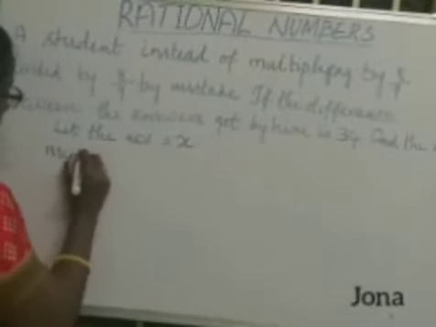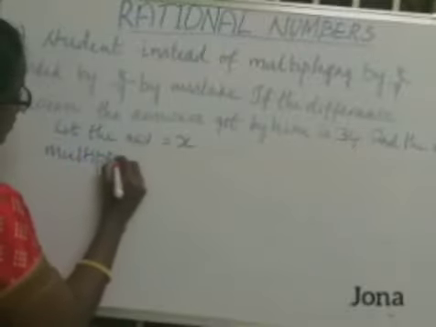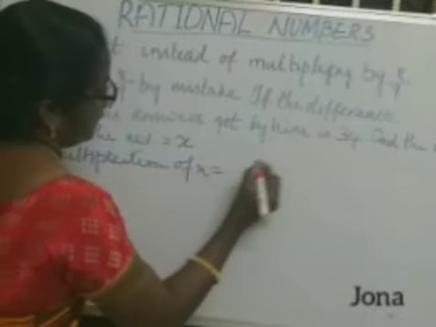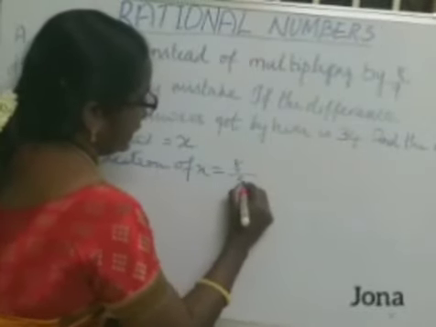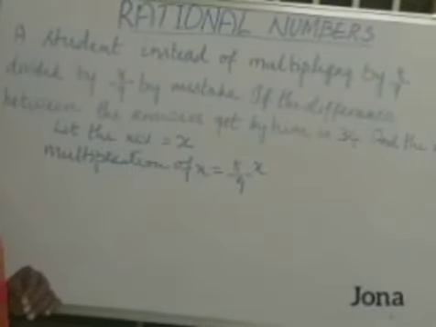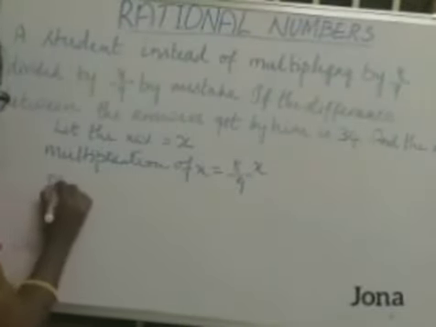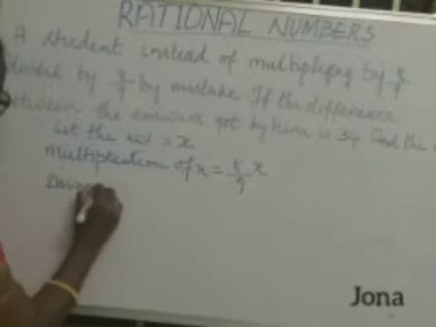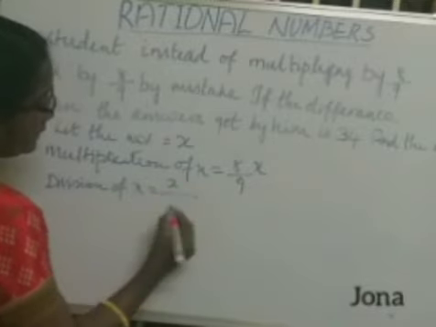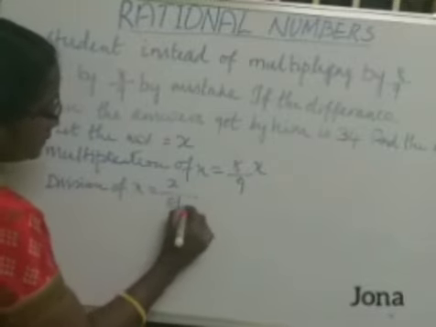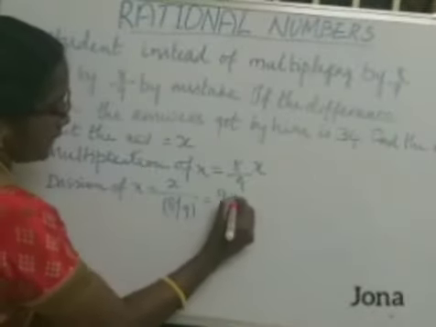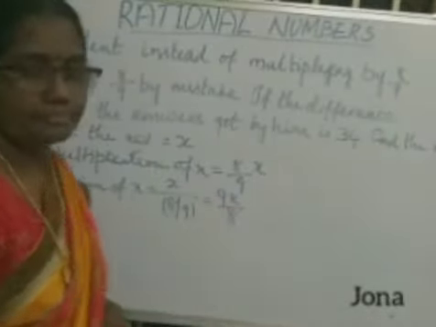So the multiplication of x equals 8 by 9 into x. And then what did he do there? By mistake he divided. So the division of x equals x divided by 8 by 9, which is equal to, taking the reciprocal of this, 9x by 8 here.